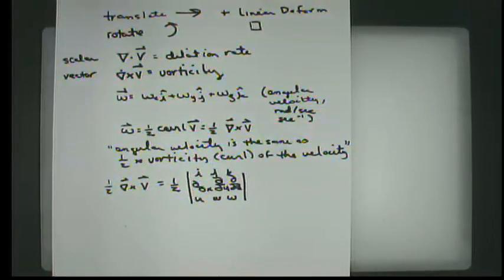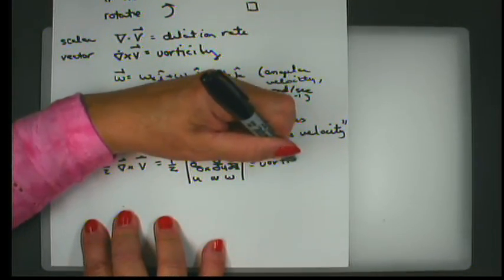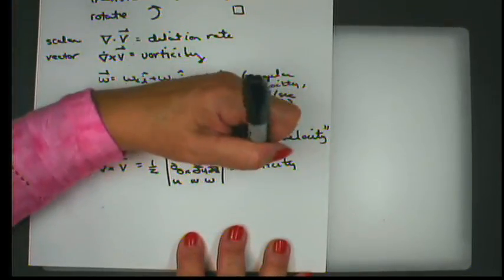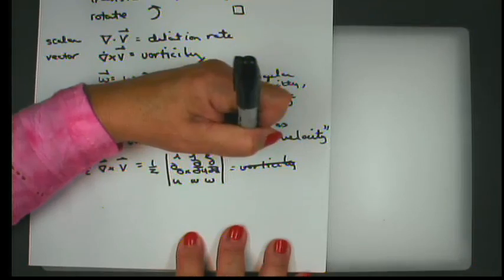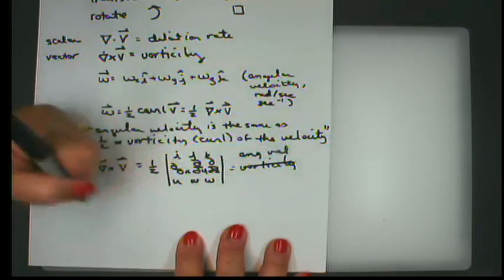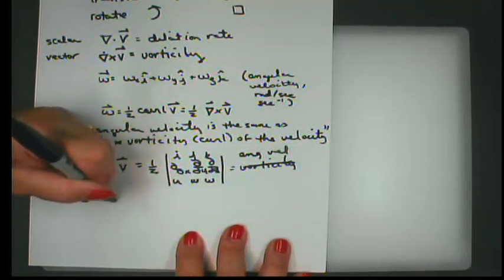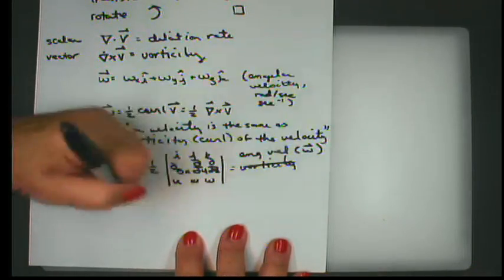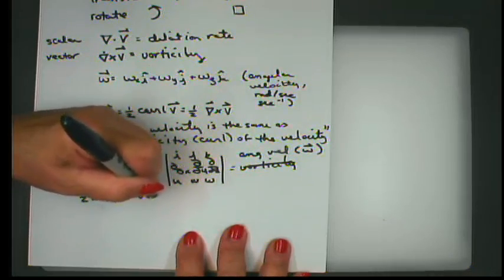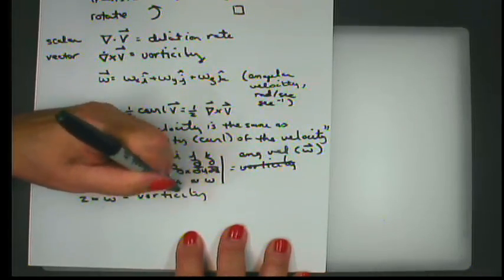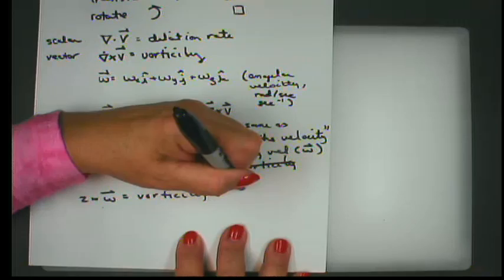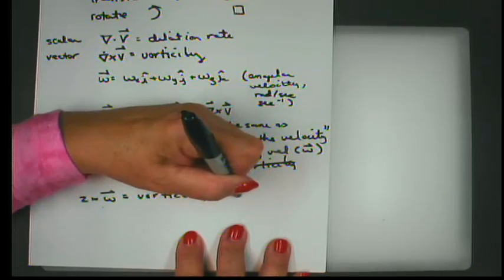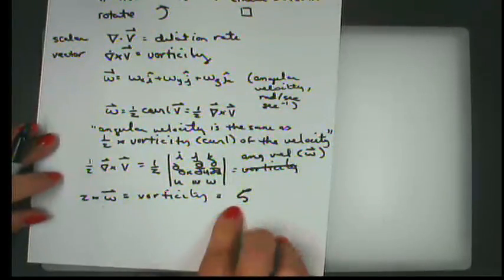Okay, well, we have a new variable then that would be the vorticity. Well, I'm sorry, that's not actually the vorticity, that is actually the angular velocity, and 2 times the angular velocity is called vorticity, which is indicated by this letter.